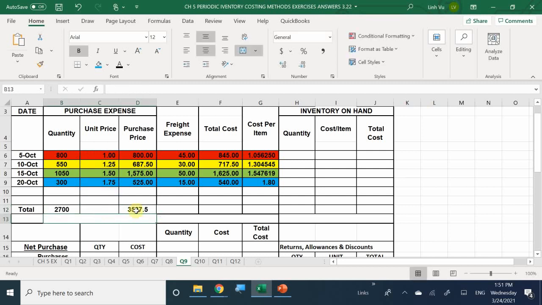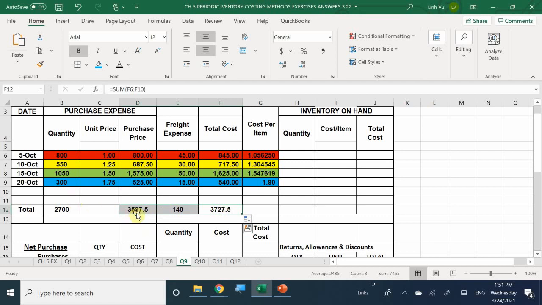And then what's my total freight? 140, giving me a grand total cost of... Where are we at, total cost? Total cost, yes. Total cost was at... hold on.